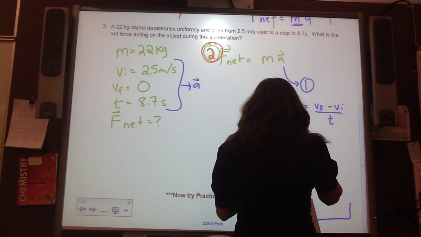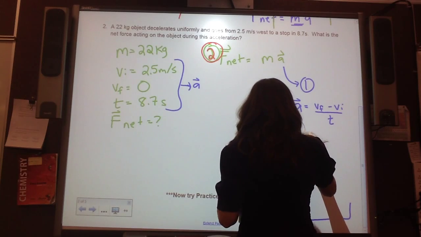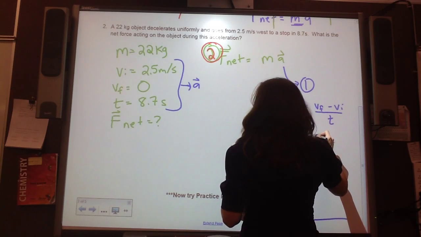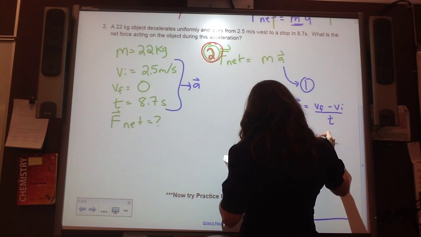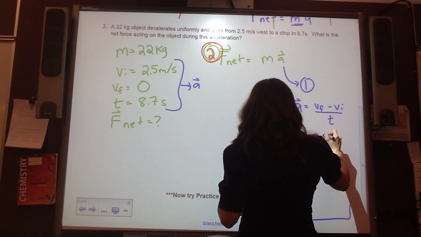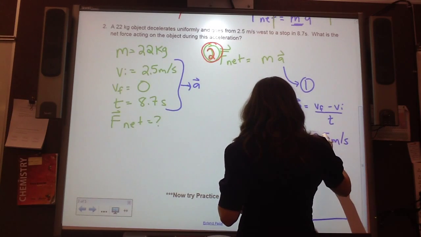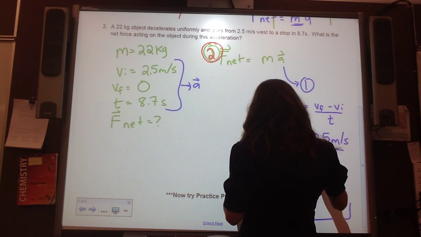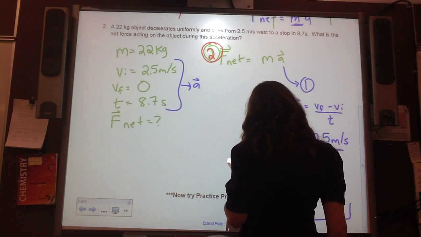Okay, so our first step, step number 1. I'm solving for a, so I have 0 meters per second minus 2.5 meters per second, all divided by 8.7 seconds.